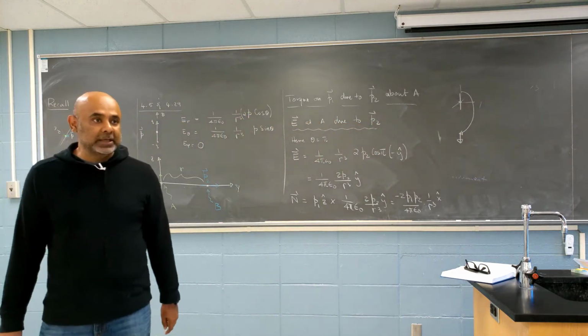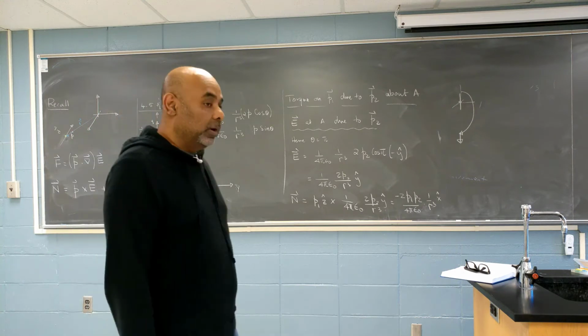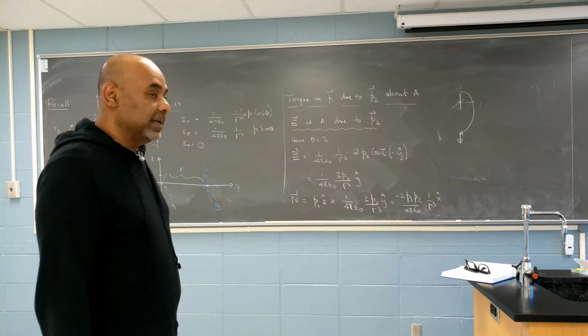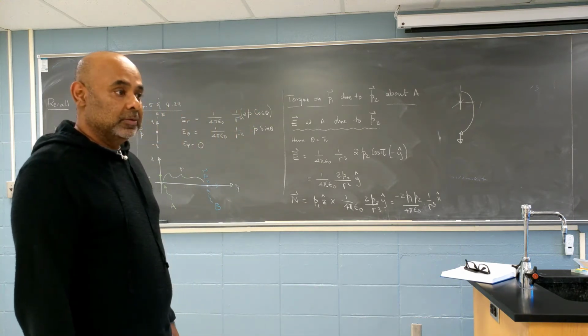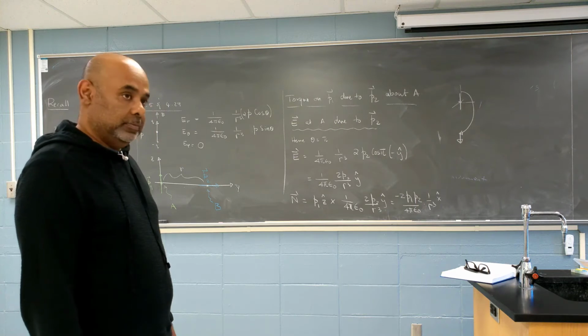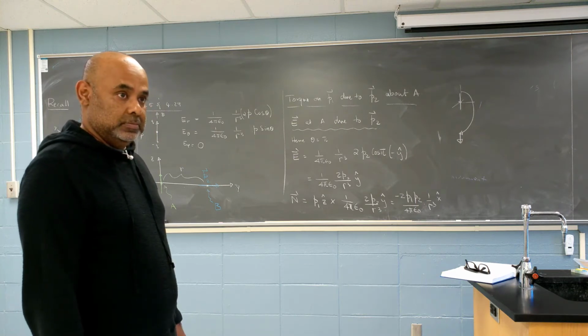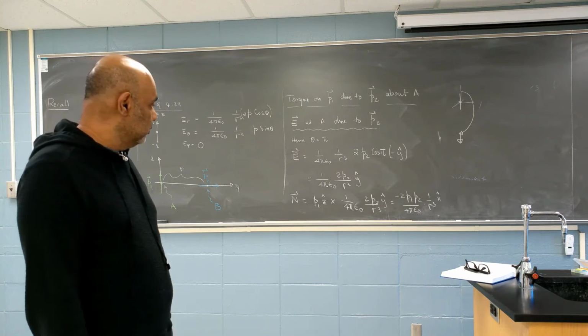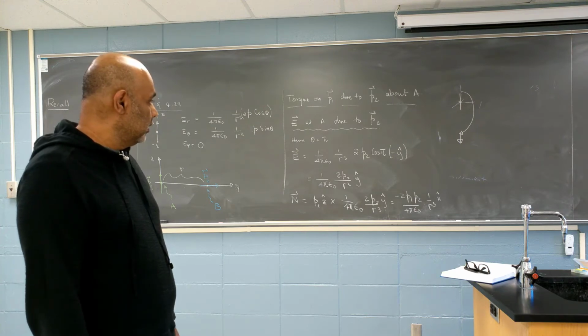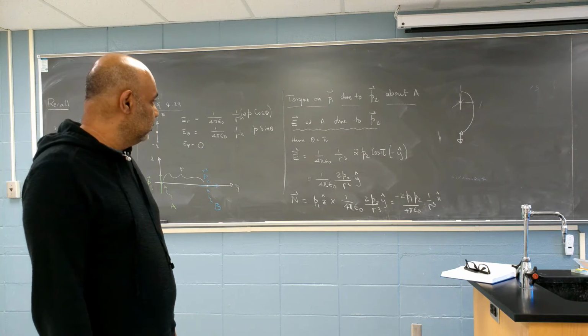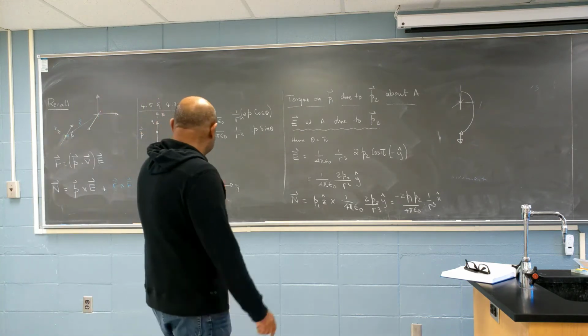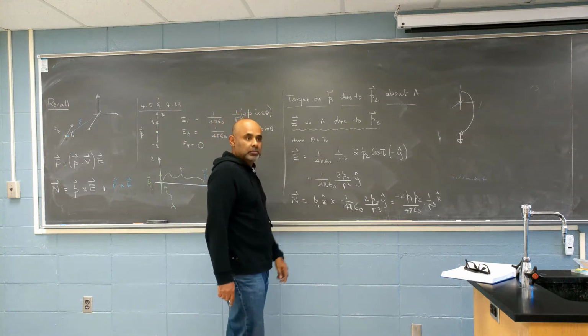Y cross z is x, z cross y is minus x. I just want to add something. For that part, E theta is equal to 0 because theta is equal to pi, right? Correct. E theta is 0 because theta equals pi.